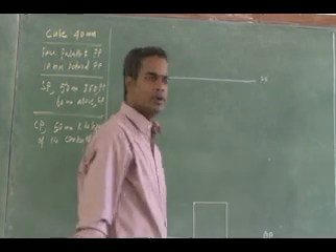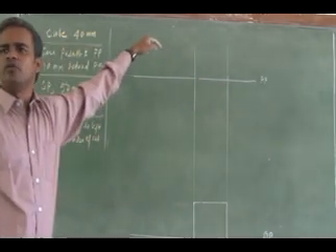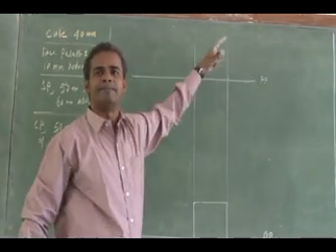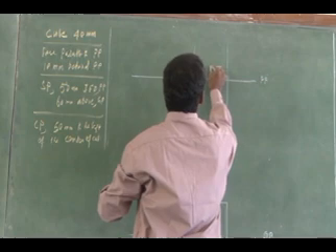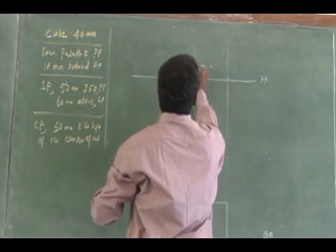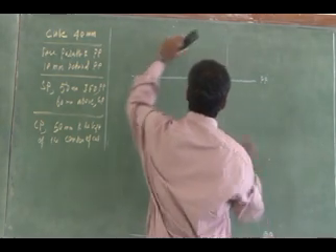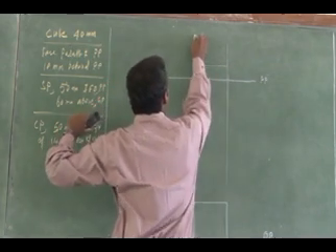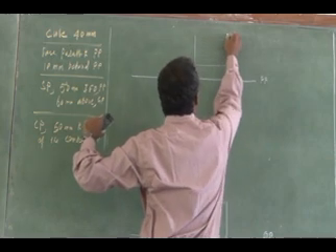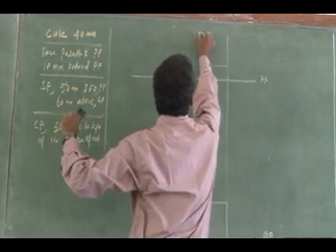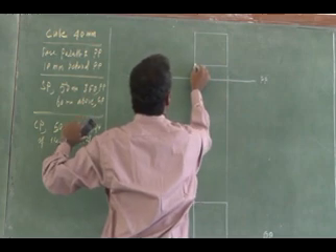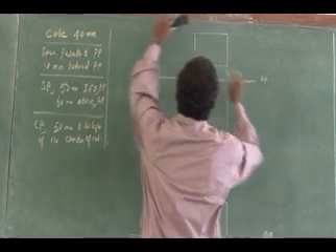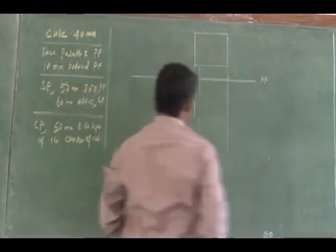Right, listen. The top view, where will it be? The face is parallel and it is 10 mm behind. So from here, 10 mm you will be behind. Then you try to show your top view of the cube. Right.